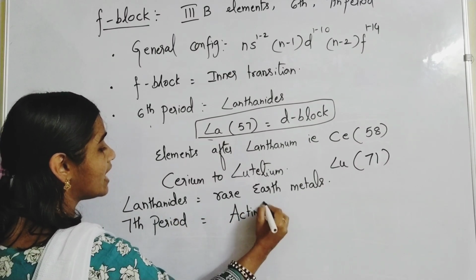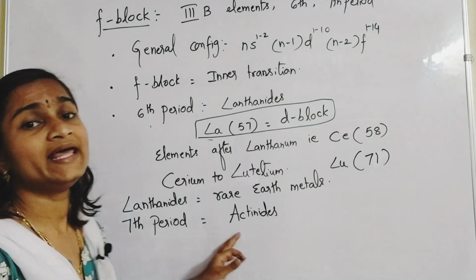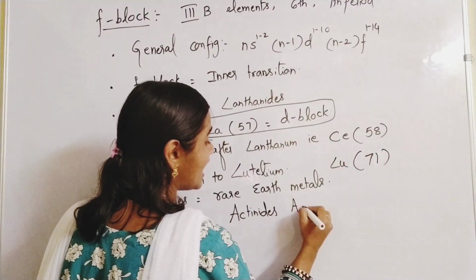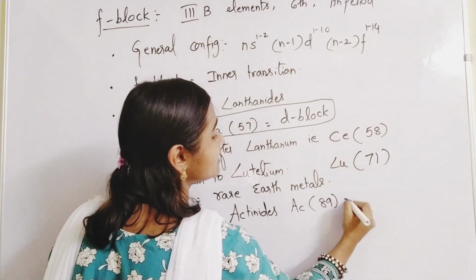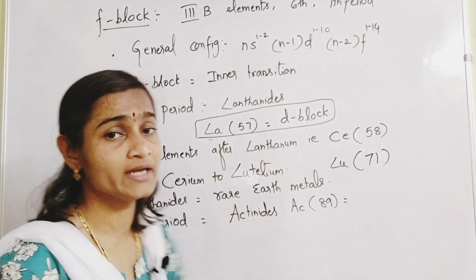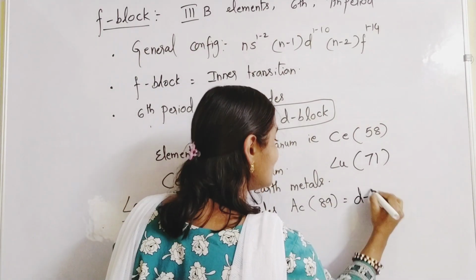Actinides. But the element actinium, atomic number 89, does not belong to F block. Remember that point. Actinium is D block only.